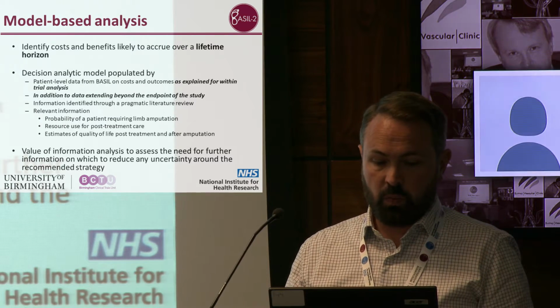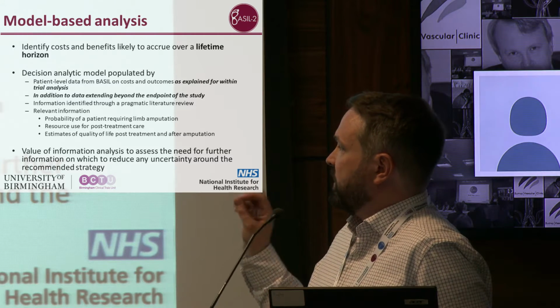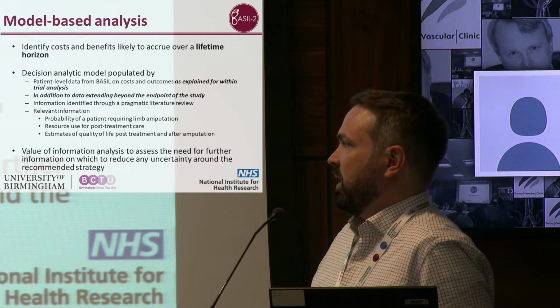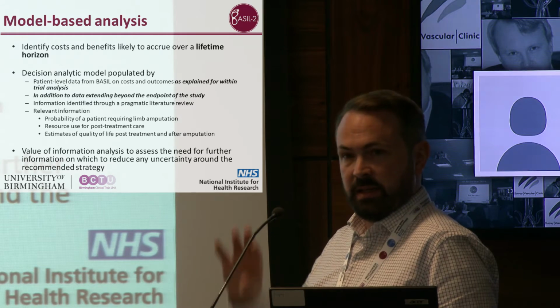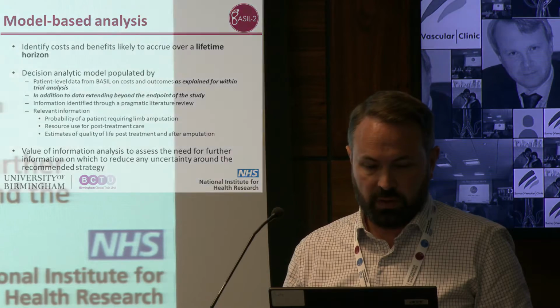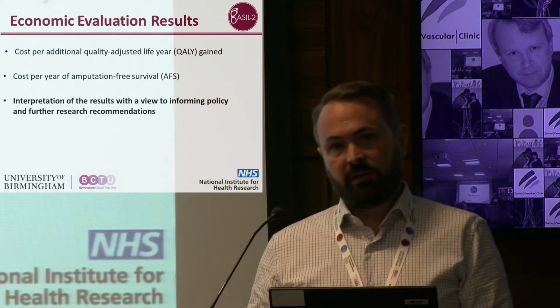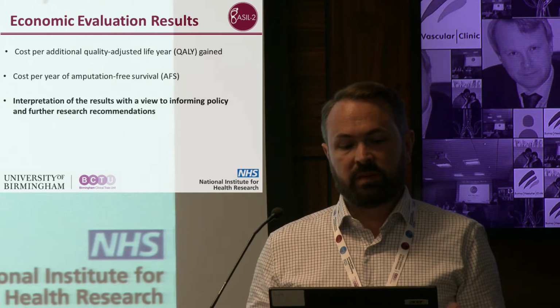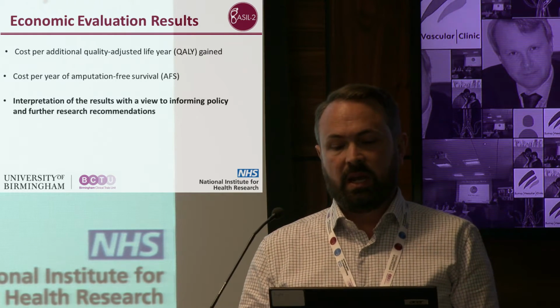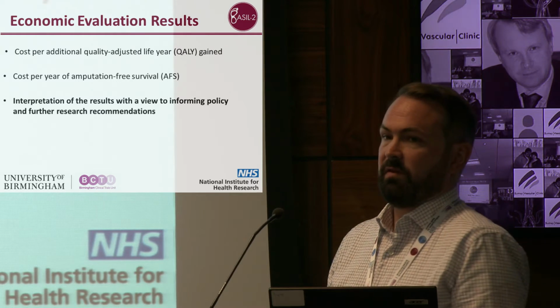We also will be doing a value of information analysis. So we'll be looking at the certainty we have around our model and what we can do to change different aspects of that model to ensure that we're making a good recommendation. So in terms of the health economic evaluation, there's two main outcomes: the cost per additional quality adjusted life year, and also the cost per year of amputation-free survival.